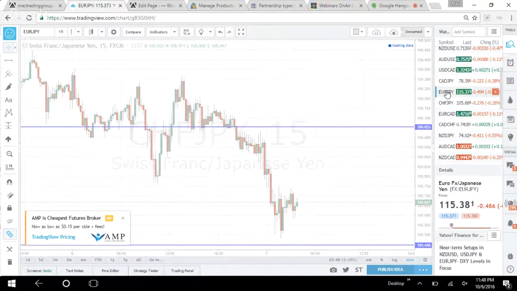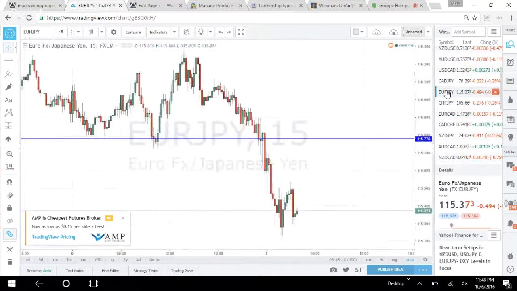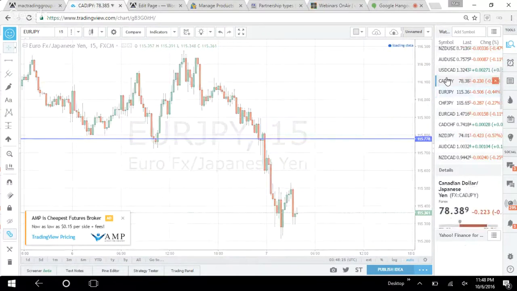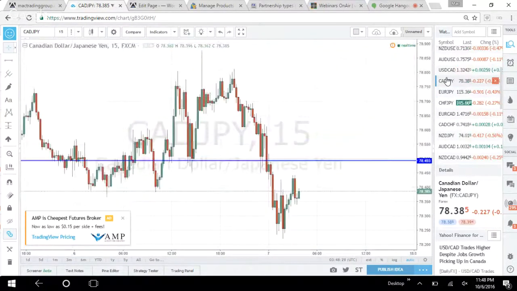Euro JPY, see the M formation? And this is where I called the trade originally earlier. CAD JPY. See it a little bit in here. The only difference is the pins. Pins went up and grabbed some more orders before it came down.